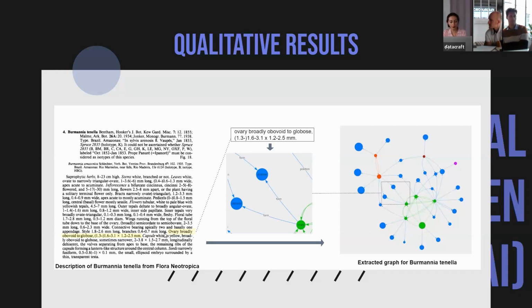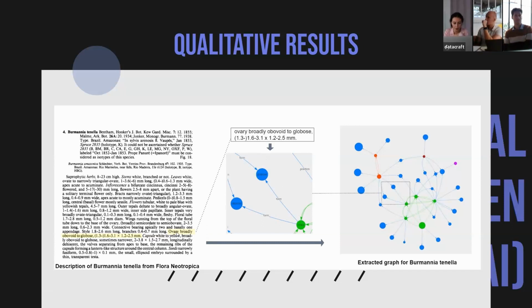For example, here we apply our named entity recognition model on this sentence, and we apply the reconstruction module that I have presented before on the named entities that are extracted. And we can see that from this sentence, we extract those nodes that are here.